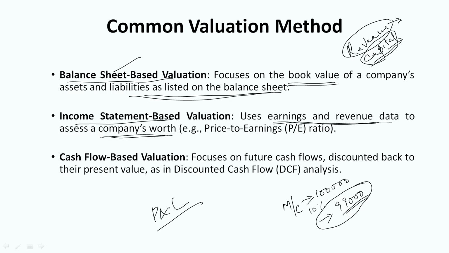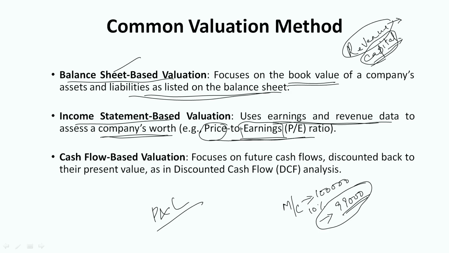So, by using this information, what you are trying to find out is the price earnings ratio. So, price earnings ratio, as the name suggests, is what is the price you are going to pay for the share in terms of the earnings which the company is generating. So, this is what you will be doing when you are going to use income based valuation.